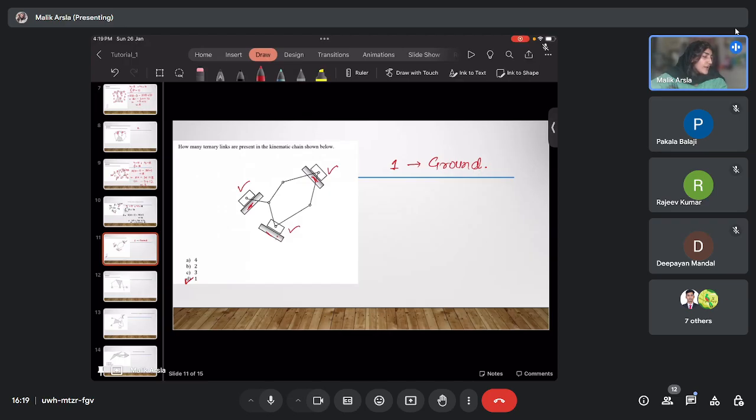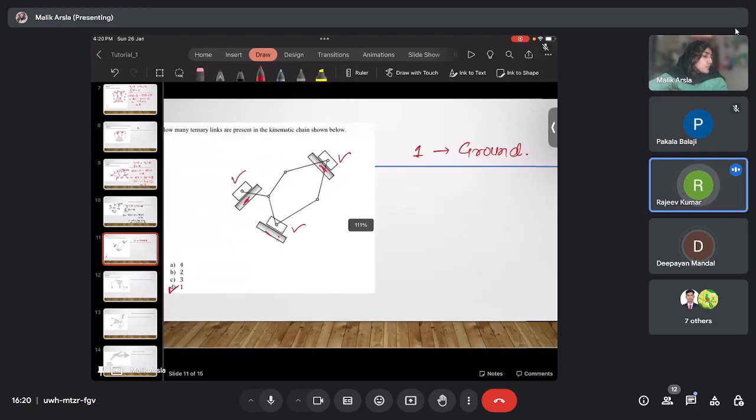Okay, that is one connection, right? And you're telling this should also be a ternary link, right? Then it should be four. This one, two, and three, and one, two, and three. Then the answer should be three, right?